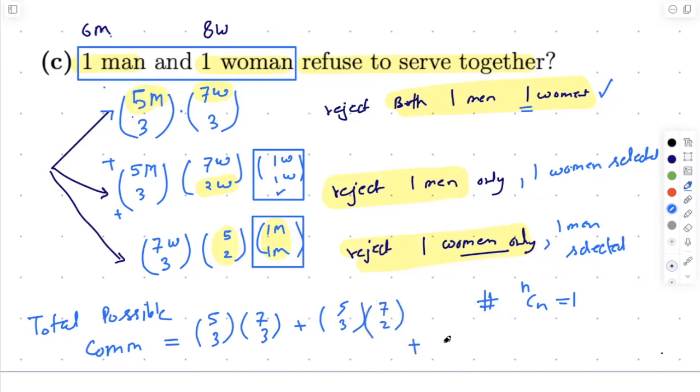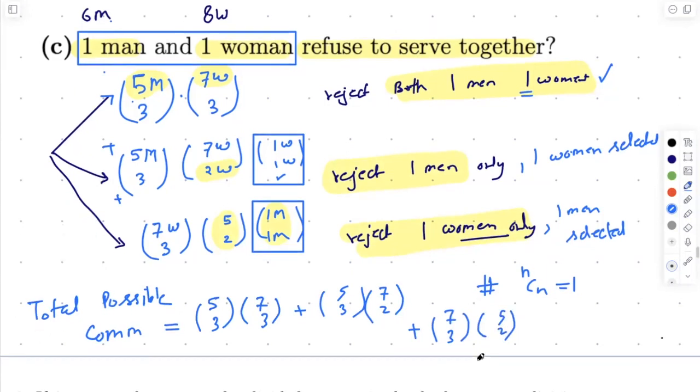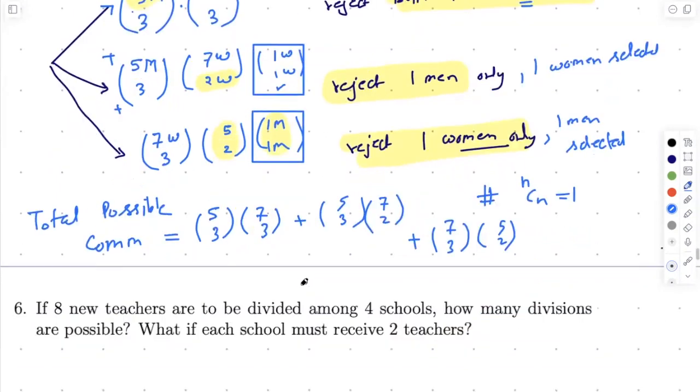The third case is going to be 7C3 times 5C2. So this is how you can calculate them. Is there any doubt? I hope there may not be any issue. It should be an easy task for you.